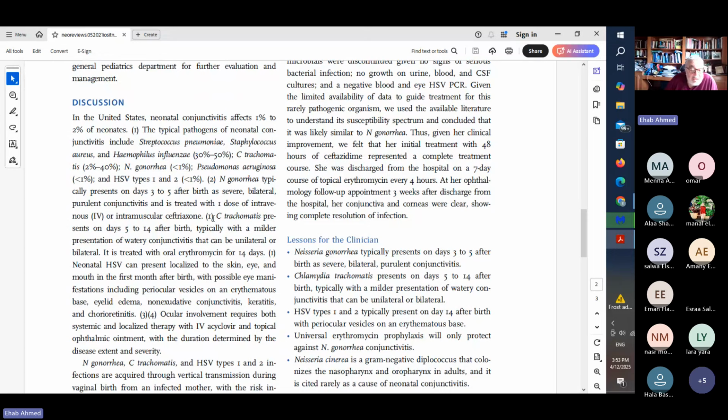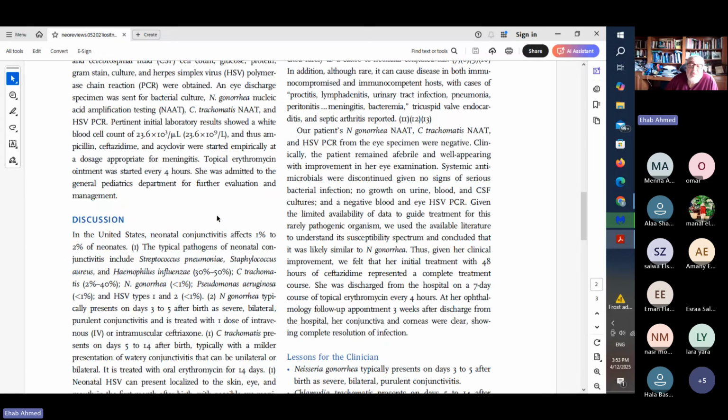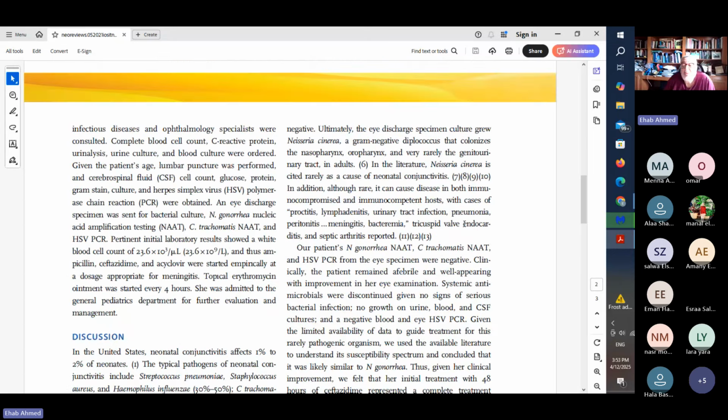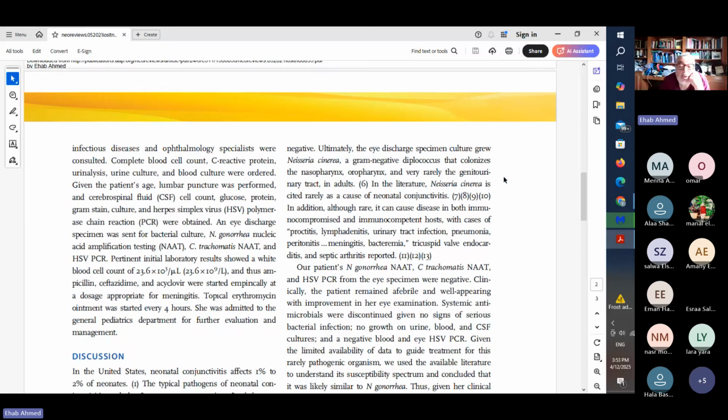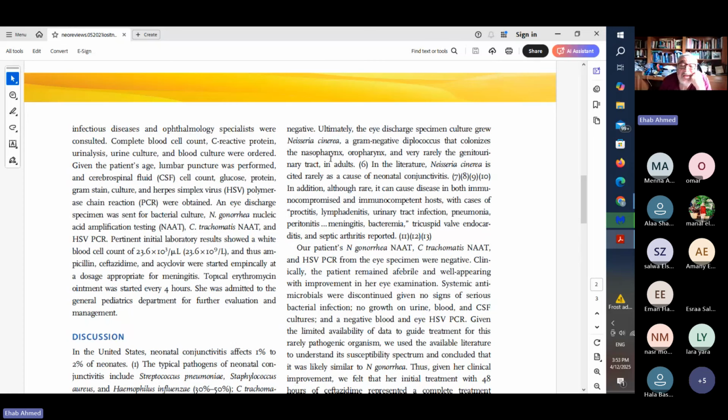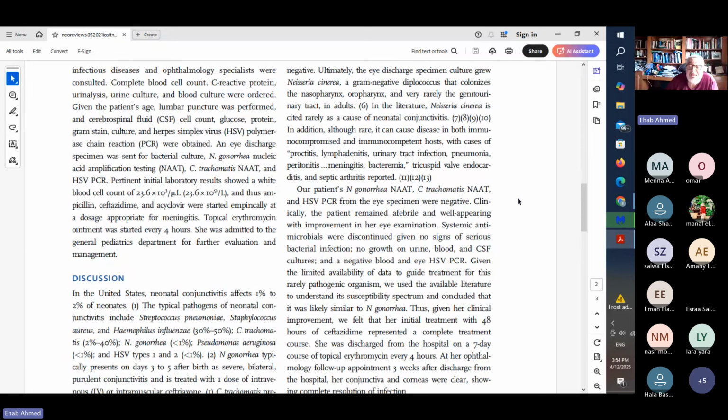Okay, and in this case, the diagnosis was weird. It was a very rare organism called Neisseria cinerea, which, when they reviewed the literature, they found is very close to Neisseria gonorrhea, and they treated it the same way.